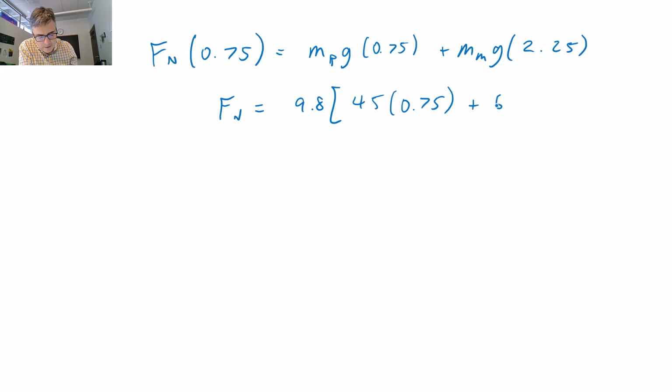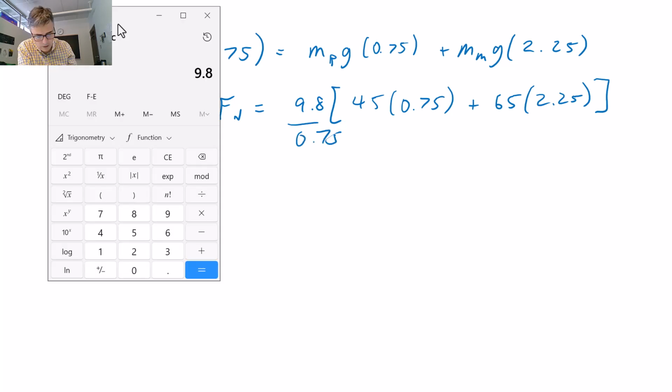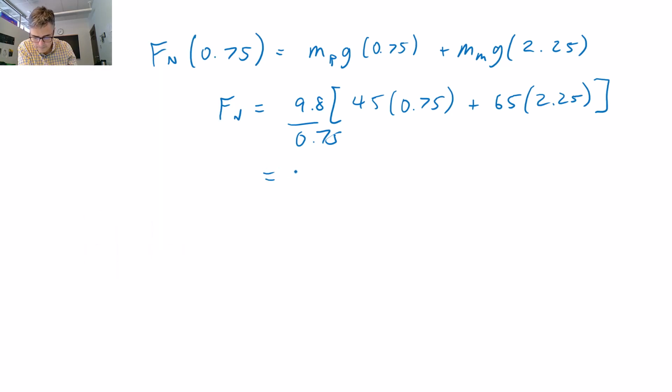Mass of the man is 65 kilograms times 2.25, and then all divided by 0.75. So 9.8 times, open parentheses, 45 times 0.75, close parentheses, plus, open parentheses, 65 times 2.25, close parentheses, divided by 0.75 equals, and I got 2352. 2350 to round it off is the nail force, something like that.